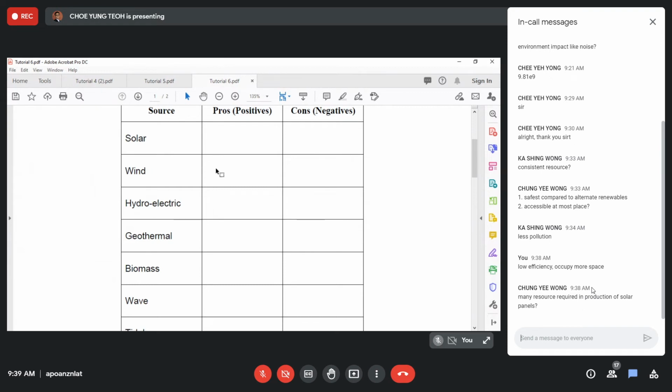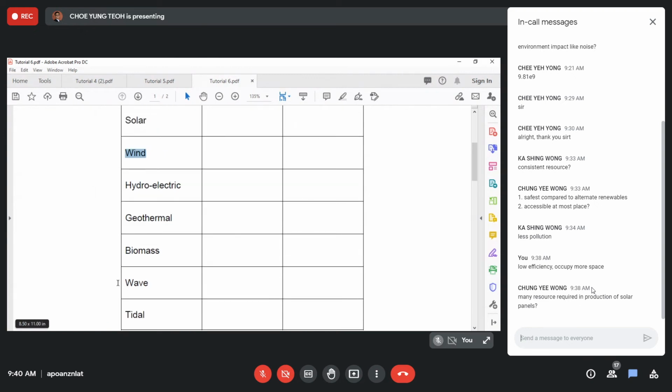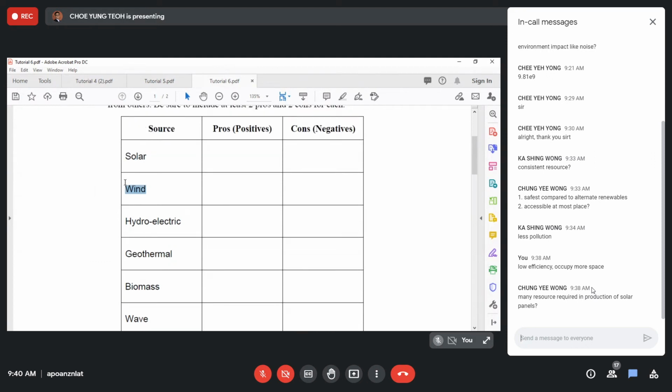Okay, so the main three disadvantages are occupied space, low efficiency, and not reliable. Okay, how about wind? You're getting more difficult because we have less exposure to the other types of renewable energy. Solar, we should know the most. How about wind?